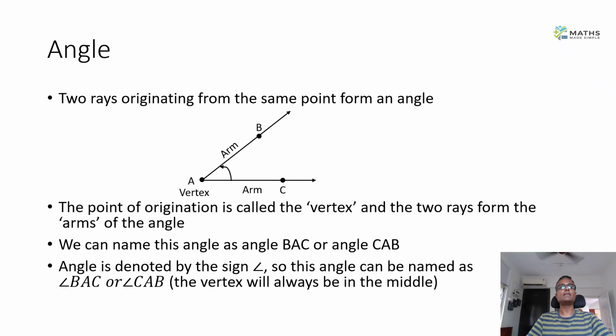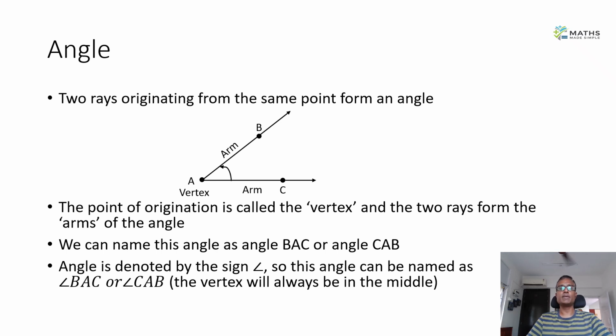The fifth and the final element that we are going to cover is angle. Two rays that originate from the same point form an angle. The point of origination is called the vertex, and the two rays form the arms of the angle.